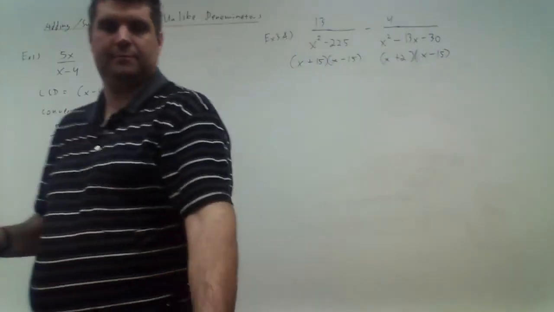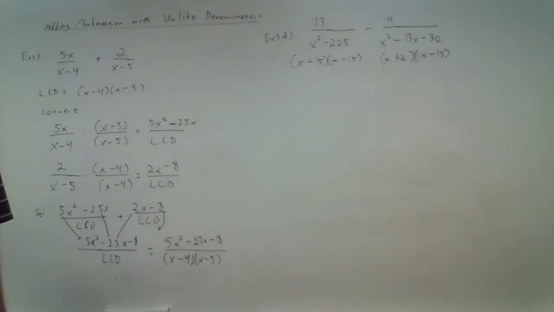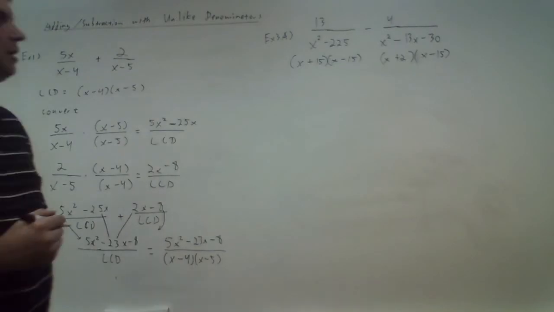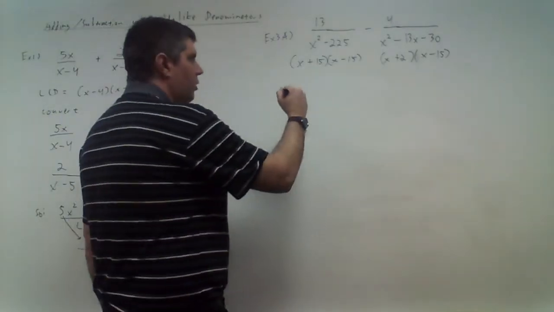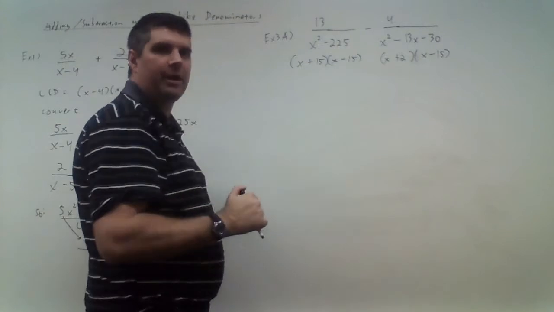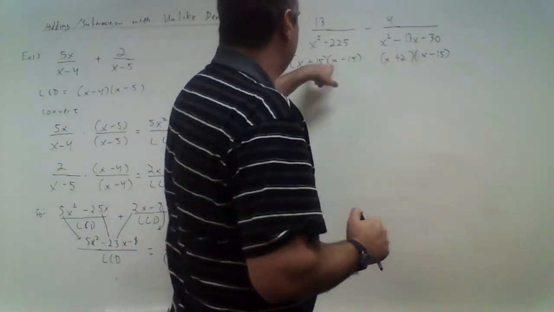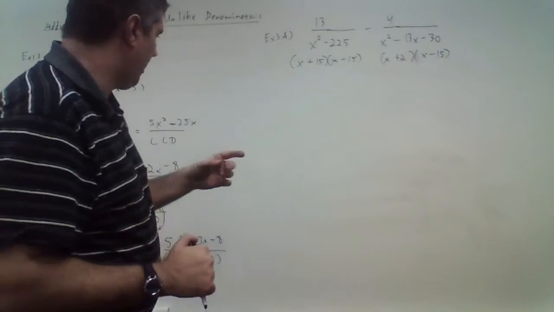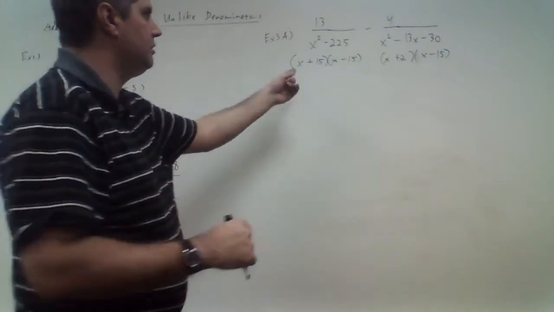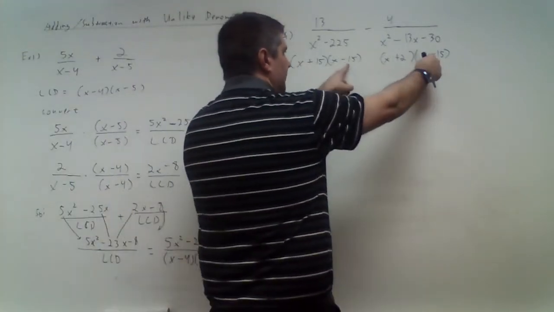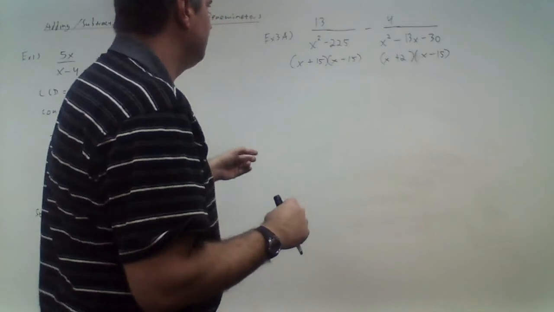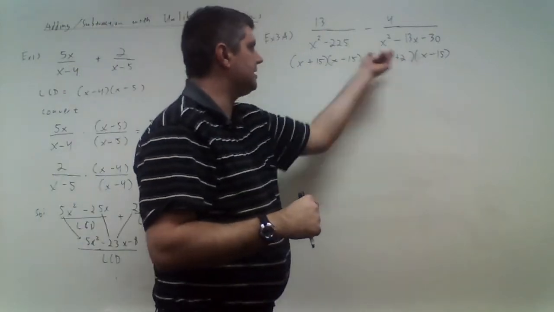Okay? All right. So we have to find the least common denominator. Now, this is not included in this one, and this is not included in that one. So they have a common factor, the x minus 15, but this isn't included here, and this isn't included in there.